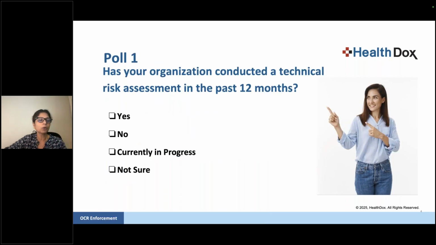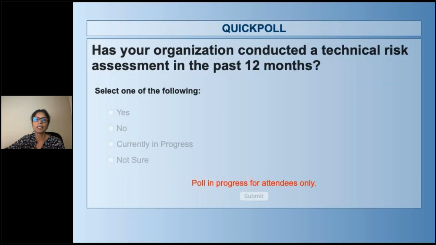So we'll go through a poll. The first poll, let me launch. It's interactive, so go ahead. Has your organization conducted a technical risk assessment in the past 12 months? Okay, I see you being interactive.